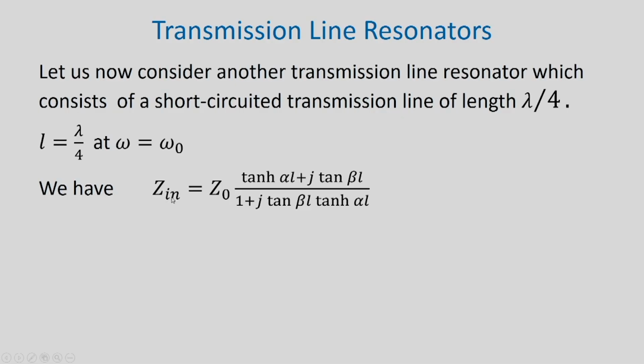So, for such a line we have already seen that we can write Z in equal to Z naught tanh alpha L plus j tan beta L divided by 1 plus j tan beta L tanh alpha L.